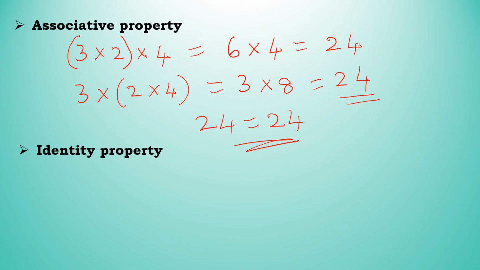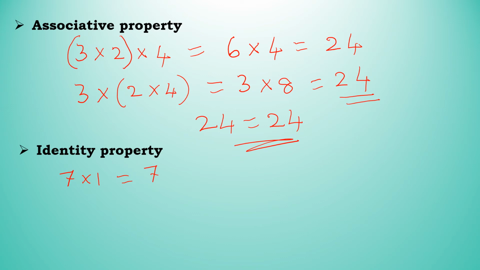Next is the identity property. Let me take a whole number 7. What happens if I multiply 7 with 1? I get the same number. This shows that when we multiply a number by 1, we get the same number.